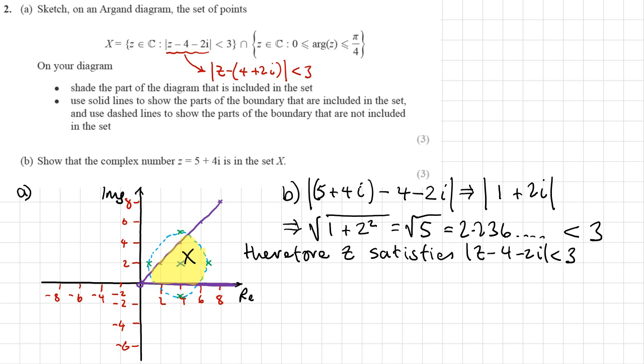Okay, it also needs to satisfy the argument part as well. So what we're going to do now is work out the argument of z. Whenever I work out arguments, I just draw a little sketch so I know that I'm working out the right angles.